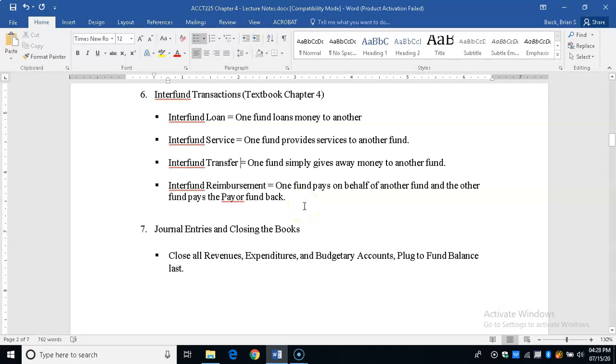If one department simply gives money to another department, it's not a loan, it's just basically a gift, we call that an interfund transfer. Finally, if you have one fund that pays for an expense that another fund has, we call that an interfund reimbursement. So for example, in real life, if you go out to lunch with somebody and somebody else pays for your meal, then that's called an interfund reimbursement.